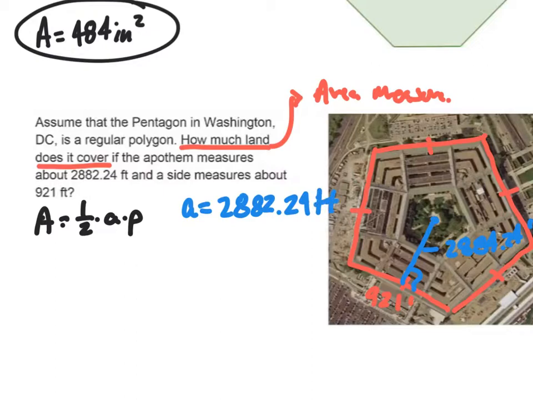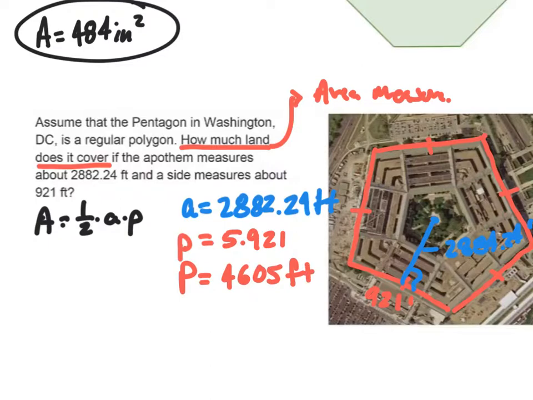Then I want to find the value of the perimeter, P. I know this one length is 921, but I have 5 of them, and they're all the same, so I'm going to take 5 times 921, and that's going to equal 4,605 feet. So my perimeter is equal to 4,605 feet.